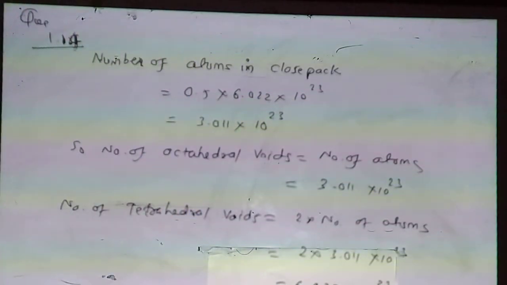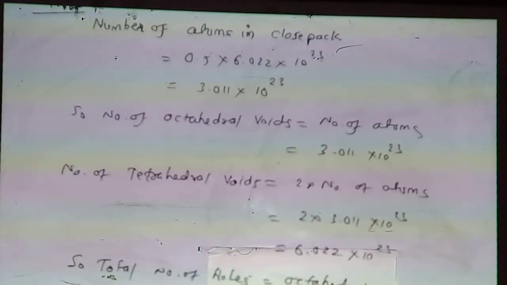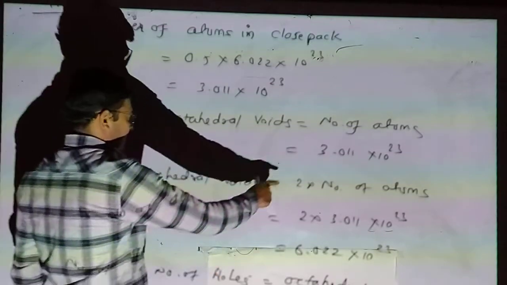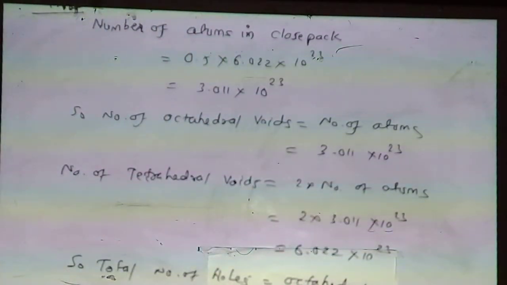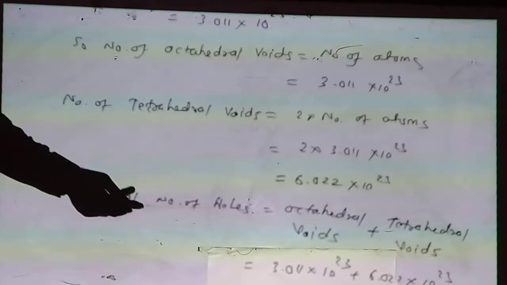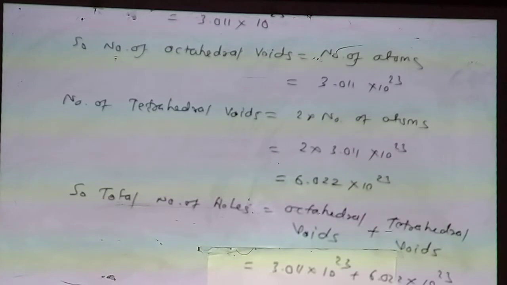So 0.5 mole equals 3.011 into 10 raised to 23. The number of octahedral voids is equal to the number of atoms of the close packing, so 3.011 into 10 raised to 23. The number of tetrahedral voids is twice the number of atoms of the crystal. So 2 into 3.011 into 10 raised to 23 is 6.022 into 10 raised to 23. It is our first answer.